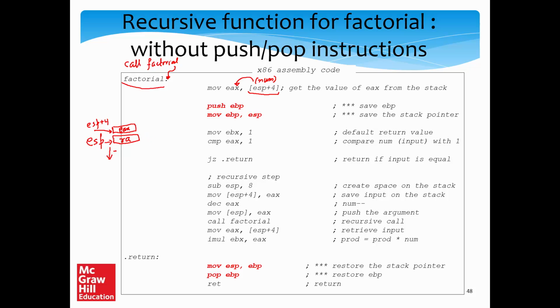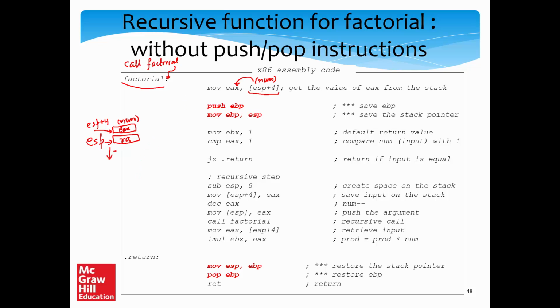So before that, if we need to access the stack of the caller function, it is possible for the caller to push the value of EAX on the stack, which is push the value of any register or any memory address. But in this case, we are only concerned with EAX. So push the value of EAX, which is the number num, on the stack, and then invoke the call instruction.